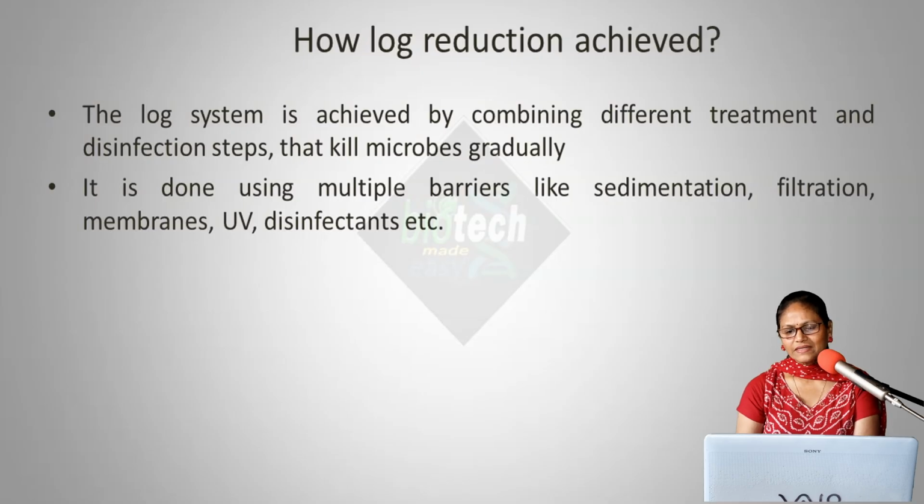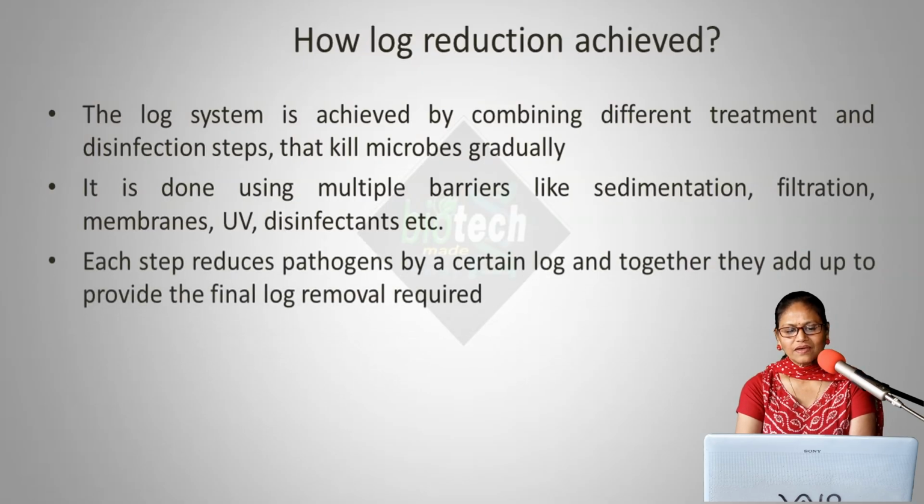Multiple barriers may be sedimentation, filtration, membranes, UV, disinfection. Many of these or any combination can be used for reduction. And of course, each step reduces the pathogen by a certain log.